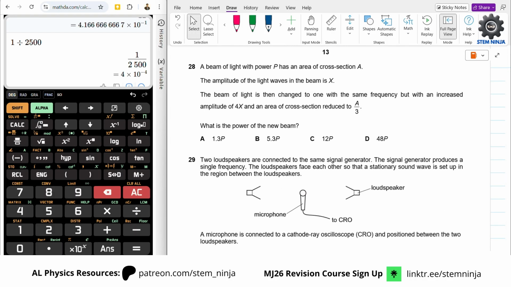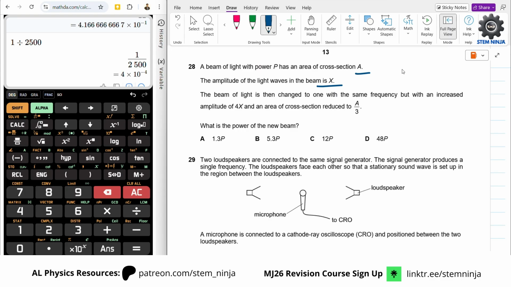A beam of light with power P has a cross-section area A. The amplitude of the light waves in the beam is x. The beam of light is then changed to one with the same frequency but with an increased amplitude of 4x and a cross-section area reduced to A over 3.